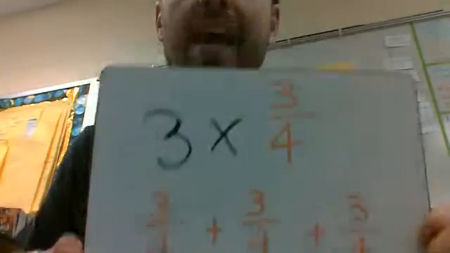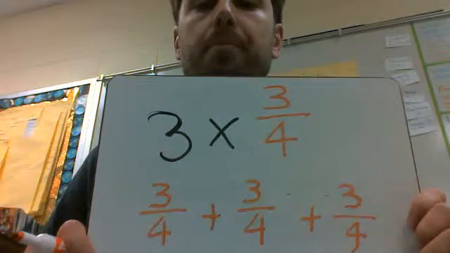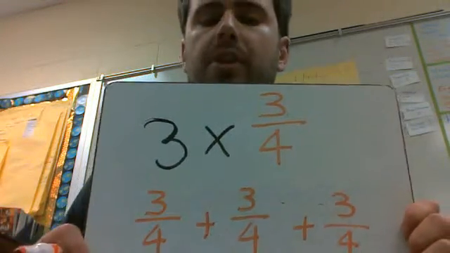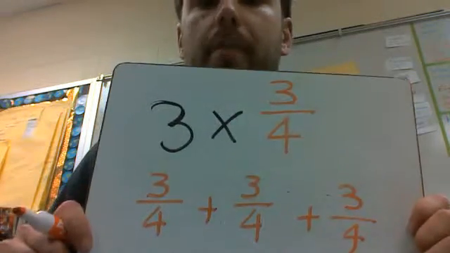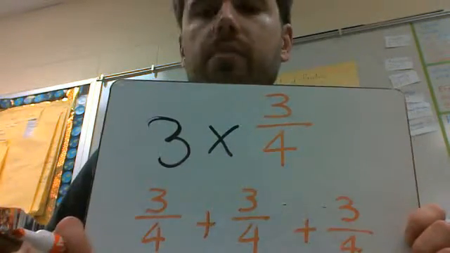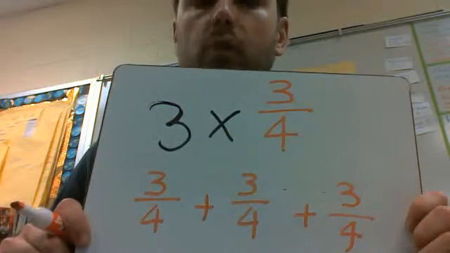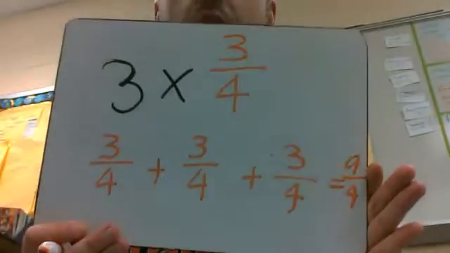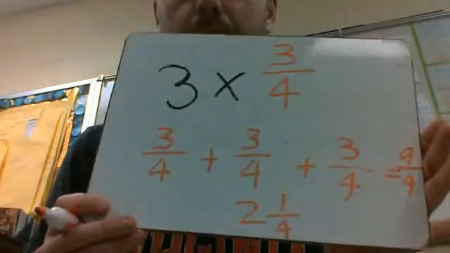All we got to do is remember that multiplication is repeated addition. So we have 3/4 plus 3/4 plus 3/4, well, that equals 9/4. Or if we were to simplify that, 2 and 1/4. Pretty simple, huh?